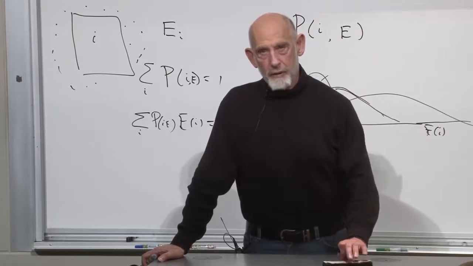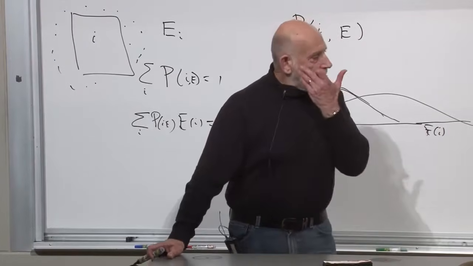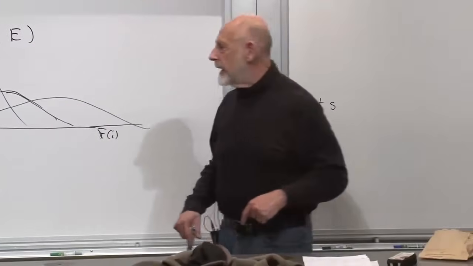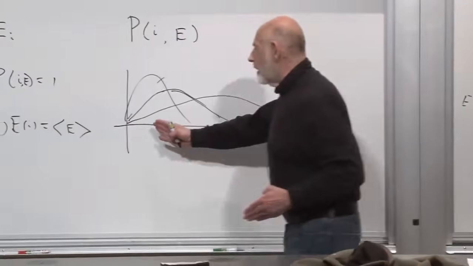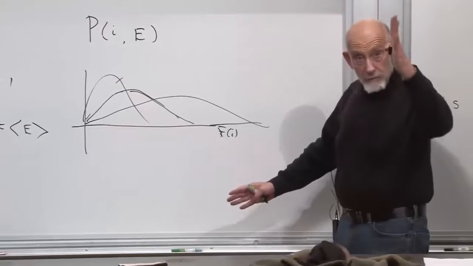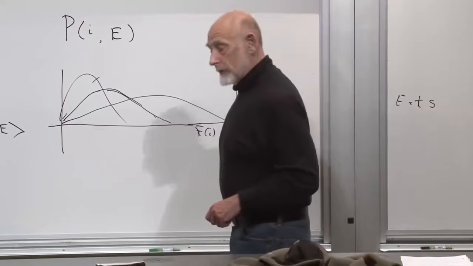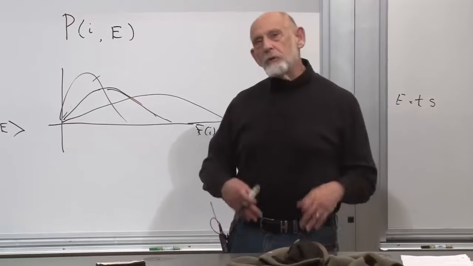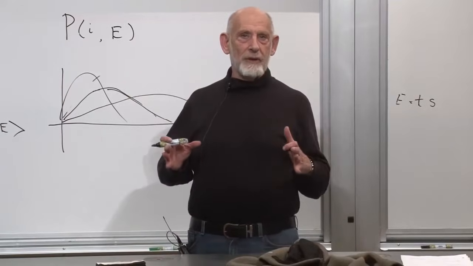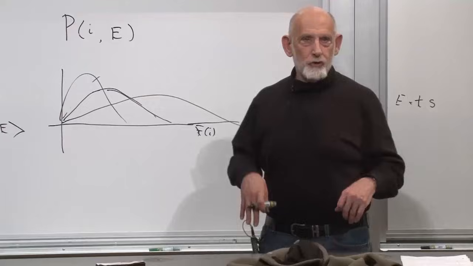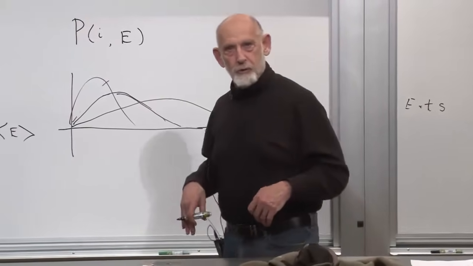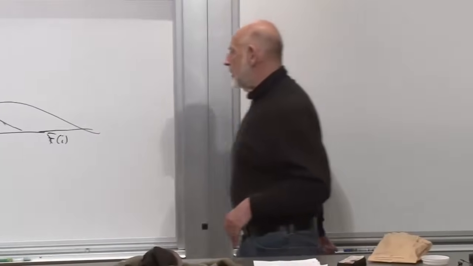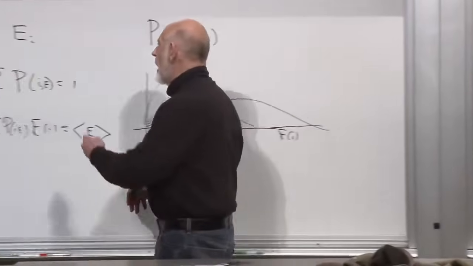How we label them? Yes, how we label them. Good, so let's agree to label them in ascending order of the energy. And let's take it as given that no two states have exactly the same energy, which is typically true except in very unusual situations. Okay, so then we have a clear notion of what we mean by I.